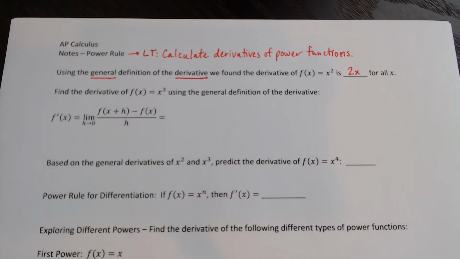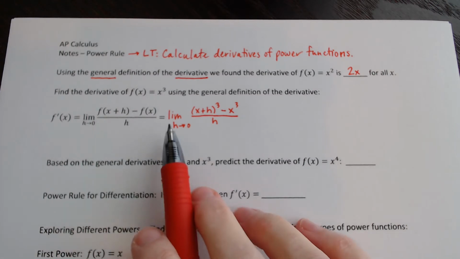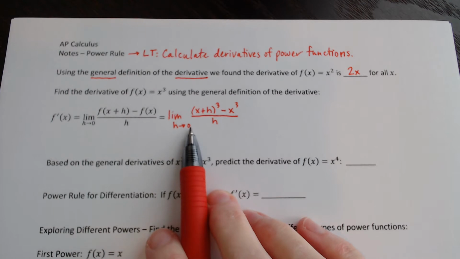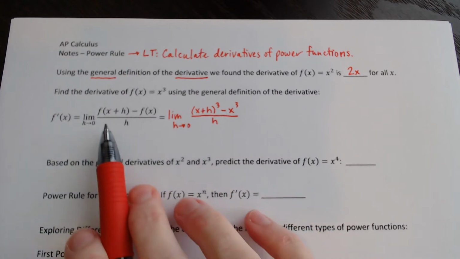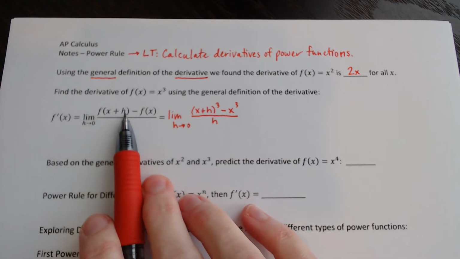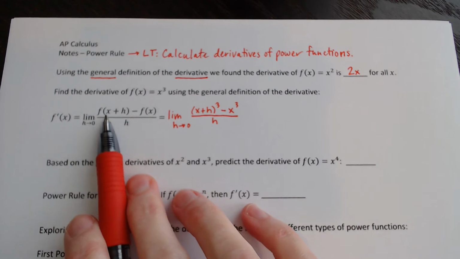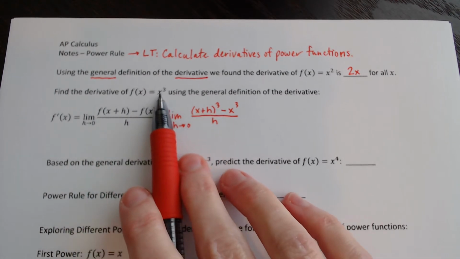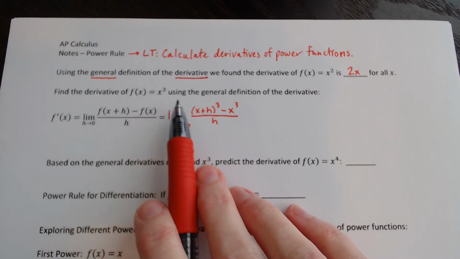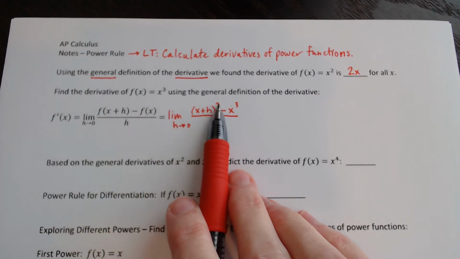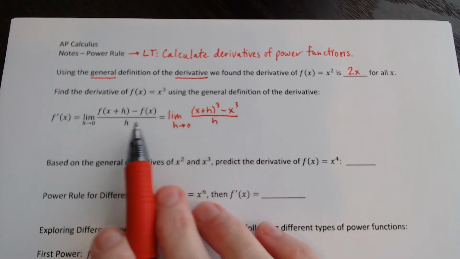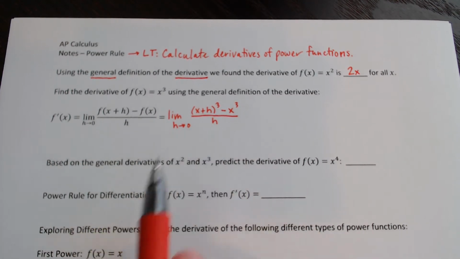So let's apply that general definition. We carry our limit statement over, and I was careful to make this an h and not let it magically turn into an x like in our last video. In our numerator, we're going to have the function of x plus h. So we take that quantity x plus h and substitute it for x in that function, which gives us x plus h cubed, minus the function f of x, which is x cubed, all over our denominator of just h.